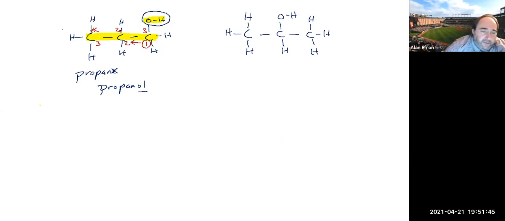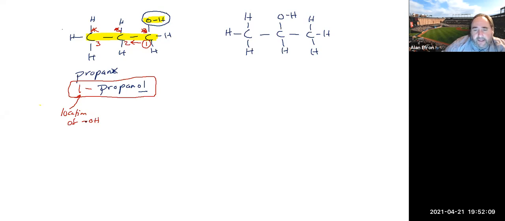We would not want to do this numbering here. That means we would add that to our name, and this would be what is known as 1-propanol. The 1, much like what we had with double bonds and triple bonds, tells the person the location of the OH group in this case.